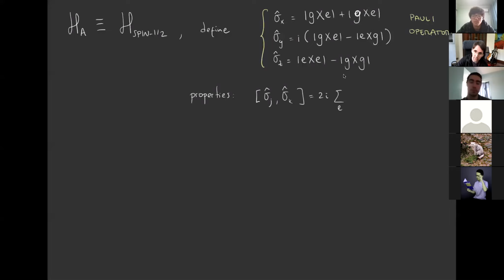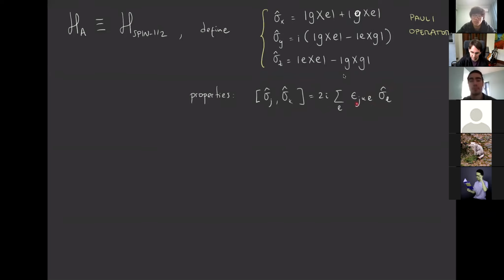So let me write it down and discuss. This means that the commutator between two Paulis, j and k, is equal to 2i, another Pauli, sigma l, multiplied by a factor.